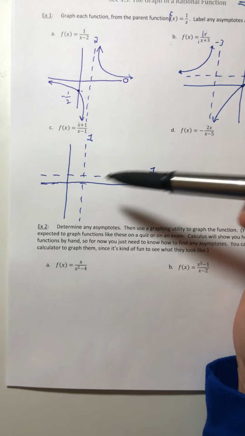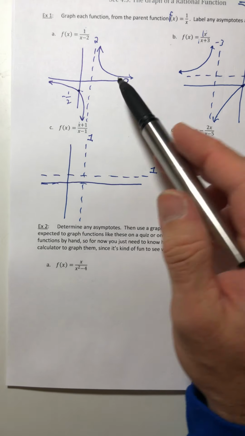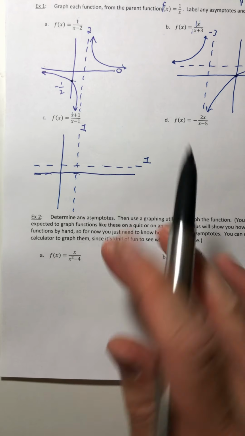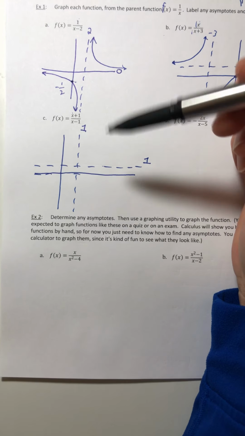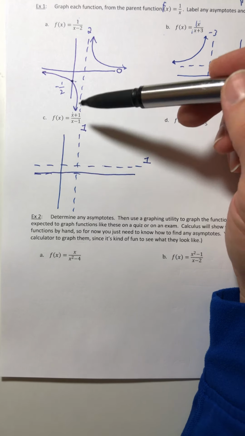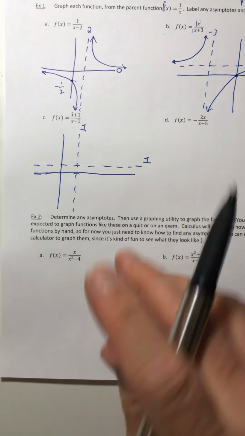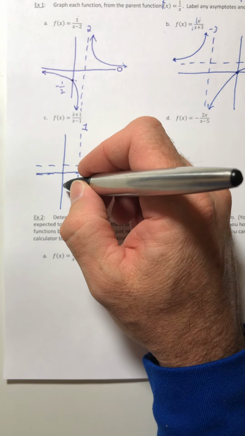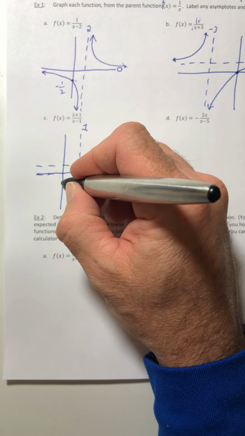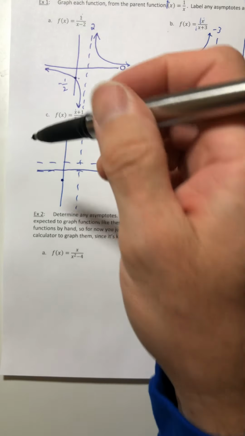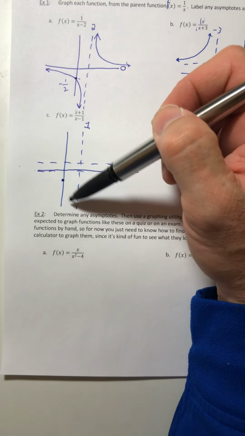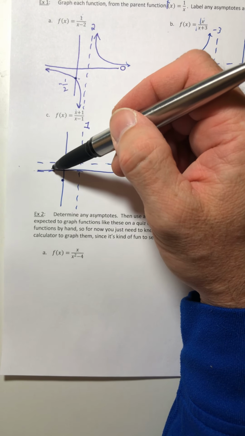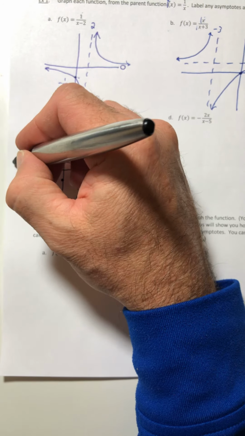All right, so now we've got to see where the curves are going to land. Is it this way or is it this way? So find that y-intercept. You can do the x-intercepts too, but sometimes that's a little trickier. But a y-intercept, everybody can get that. So plug in 0 for x, and the y-intercept comes out as -1. Okay, so I know it's going to go this way somehow, and it's got to approach that dashed line.